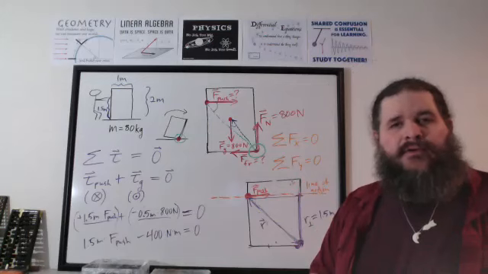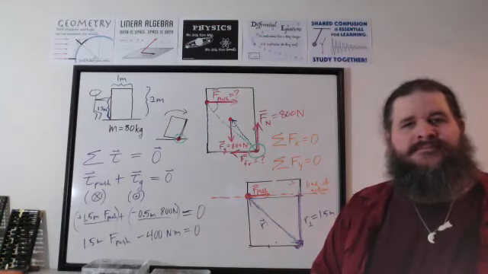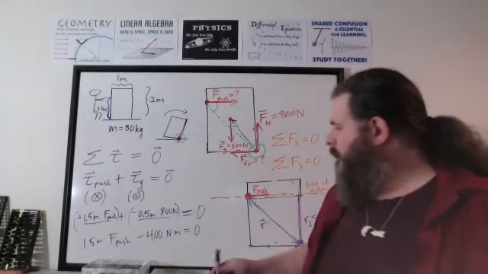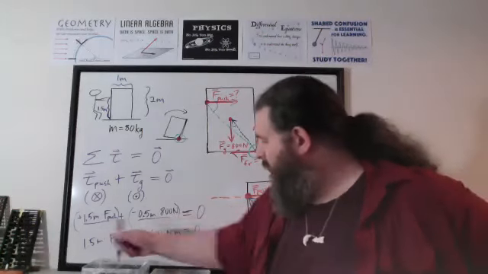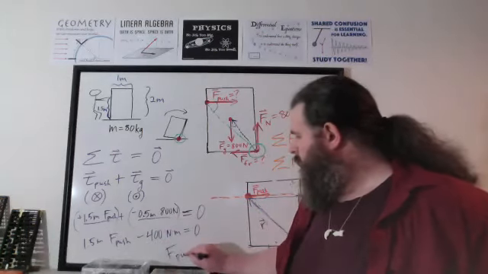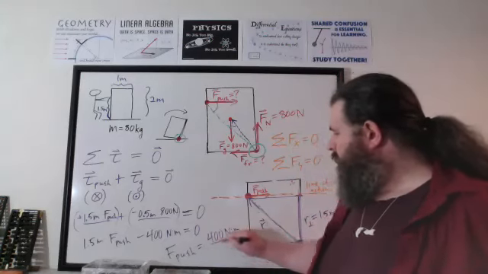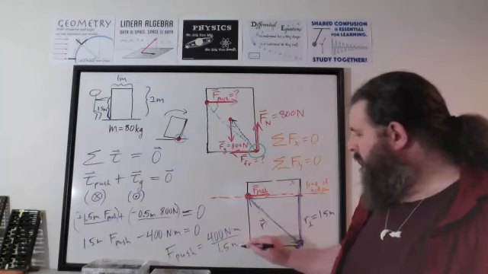And how would we solve that for force of the push? Divide positive 400 by 1.5. Yeah, add 400 to both sides, divide by 1.5. So positive 400 Newton meters divided by 1.5 meters.